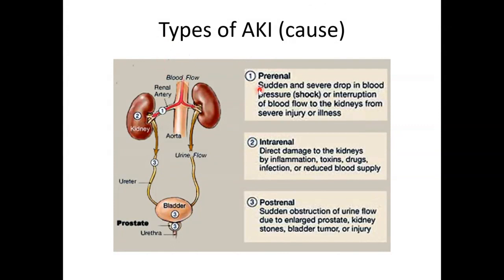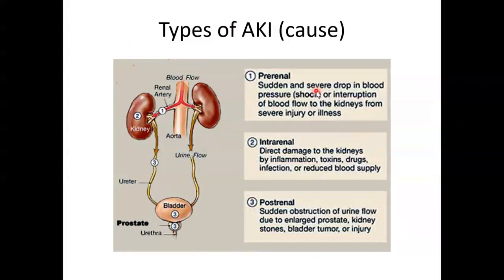The heart's up here, the left ventricle pumps, the blood comes out of the left ventricle into the aorta. It comes down and it has to make 2 sharp right angles to get into the renal arteries to perfuse these kidneys and bring them oxygenated blood.